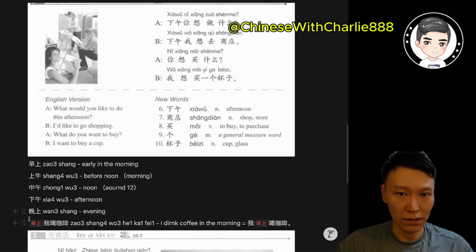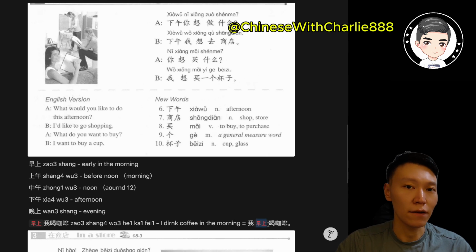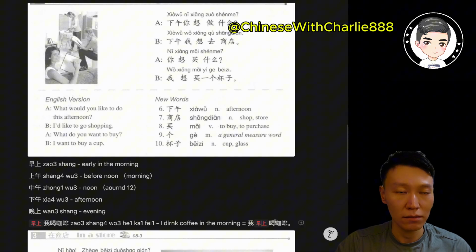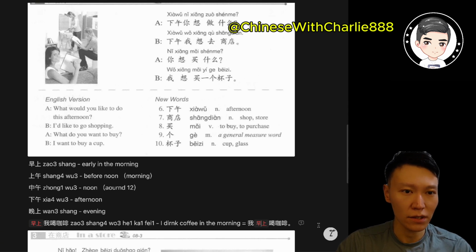When there's a time element in a sentence, you can put it at the beginning of the sentence. You can also put it in front of the verb. So here the verb is 喝, that's why 早上 could also be in front of 喝. All right. So I will give you another situation.